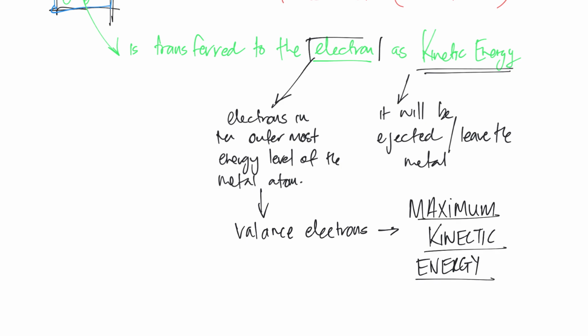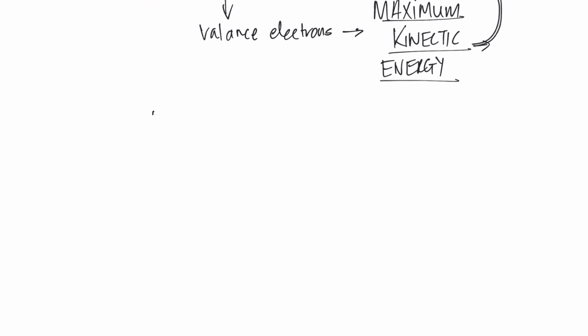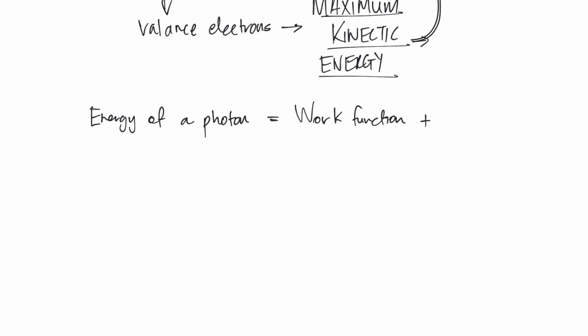They're going to have the most amount of kinetic energy because, like I said, they're going to end up leaving the metal. Now, when we do calculations for this little section over here, we come up with a formula. If I wanted the energy of a photon, it's going to be equal to the work function plus the maximum kinetic energy.